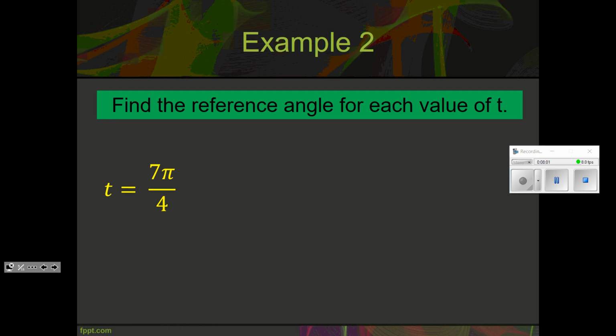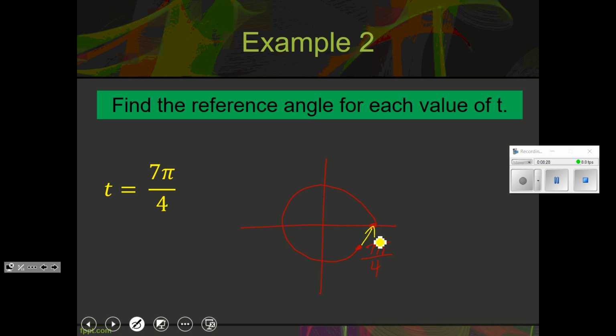All right. So my first thought to you is I want you to draw this. If I drew this, let's draw them in red. I'm going to start here. Where's 7 pi over 4? In quadrant number 4. Okay, so there's 7 pi over 4. And my reference angle is the shortest distance to the x-axis. So that's going to be from here to here.